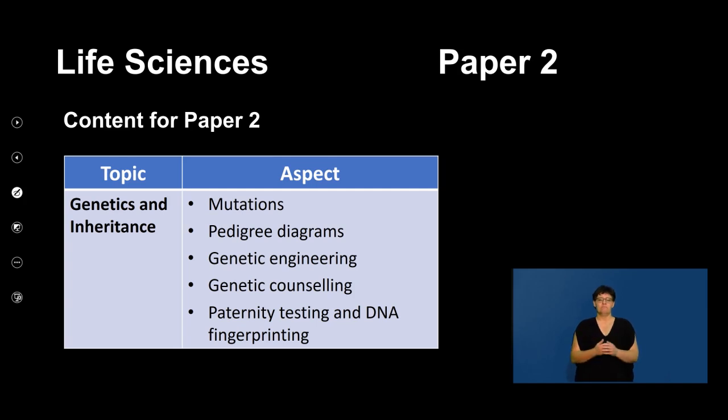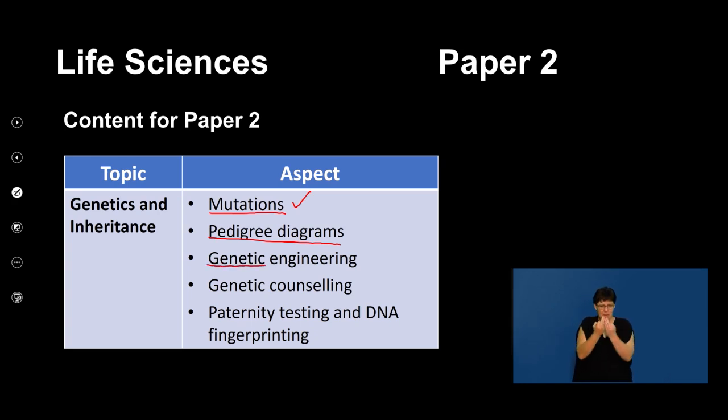We also need to spend some time looking at mutations, guys. An important expression of characteristics is what happens when things go wrong during either meiosis or even during DNA replication and protein synthesis. Pedigree charts are an important component of understanding the inheritance of characteristics in a family.